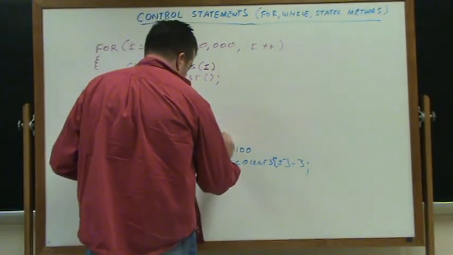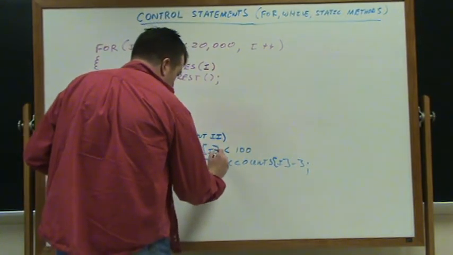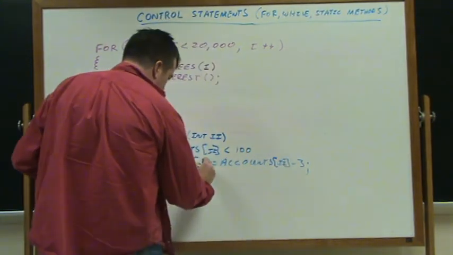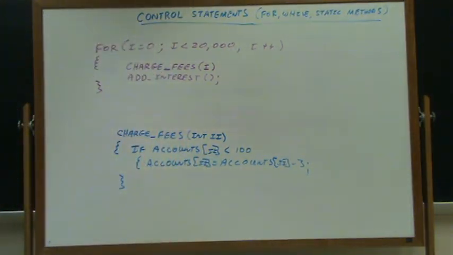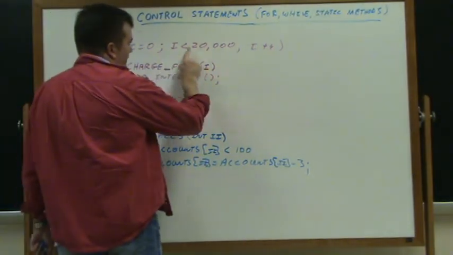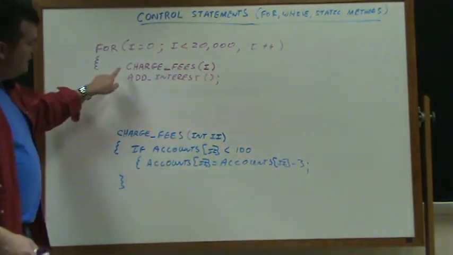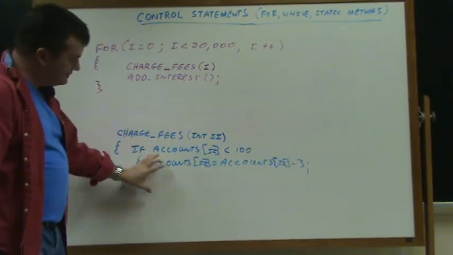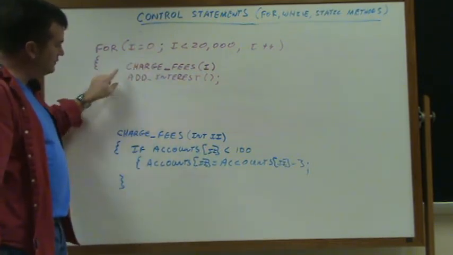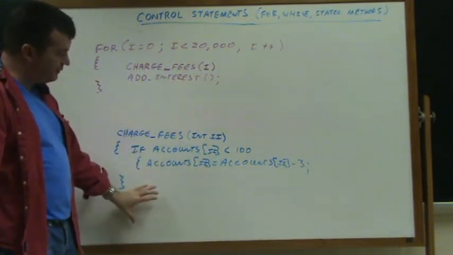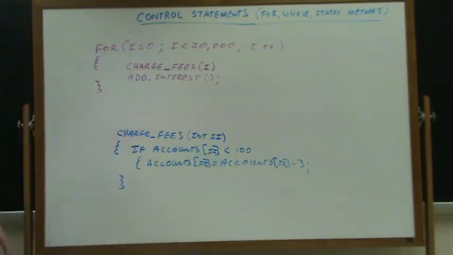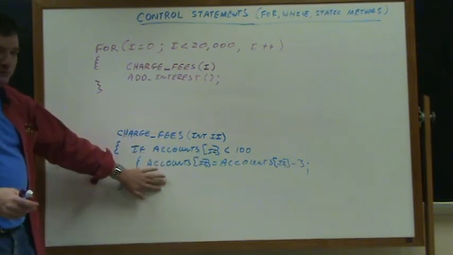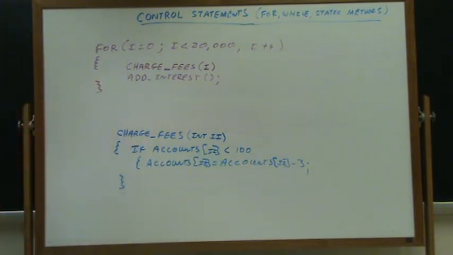I'll call it II, just to show it's a different value. What I'm saying is, I is going to go from 0 to 19,999, and then I'm going to call this method, which performs a sequence of steps, the same steps over and over, so I'll just give it a name here and then define it somewhere else. Later on, if the bank changes how it does its fees, we just make the change in one spot here, and this will stay exactly the same.